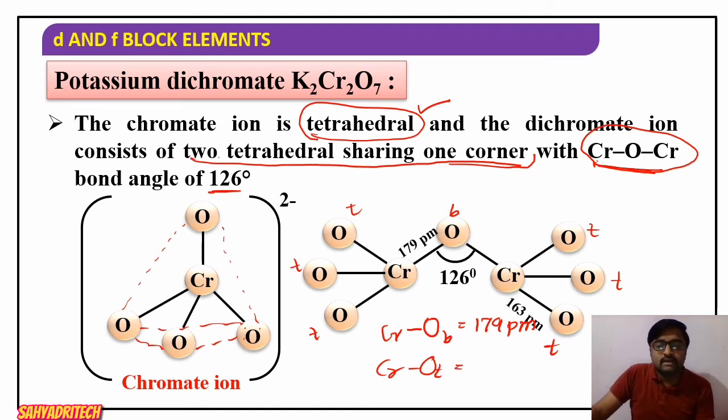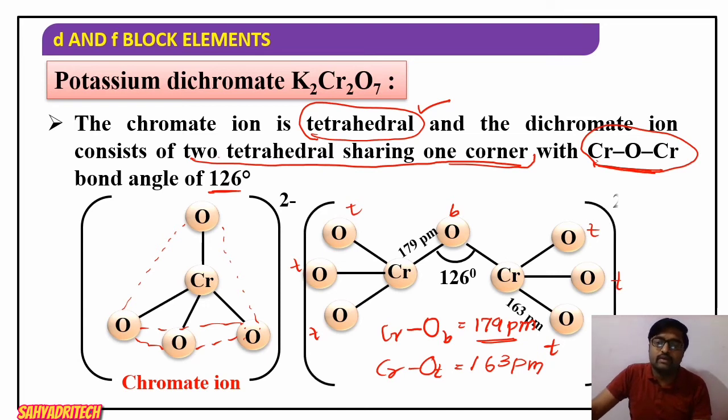Here chromium and terminal oxygen bond length, how much is it? 163 picometer. Which bond length is more? The chromium and bridged oxygen bond length is somewhat more, just to overcome the angle strain, so that bond will be stretched, so bond length will be more, 179 picometer. And terminal oxygen is just 163 picometer.